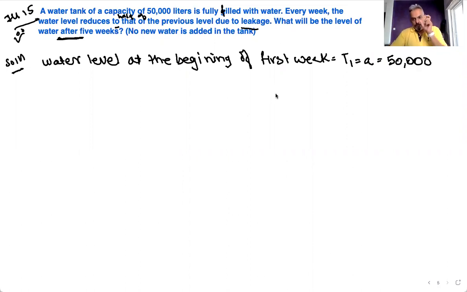So फर्स्ट जो वीक है उसके बिगिनिंग में यानी पहले दिन के मॉर्निंग सुबह पे उसका वाटर लेवल था 50,000.